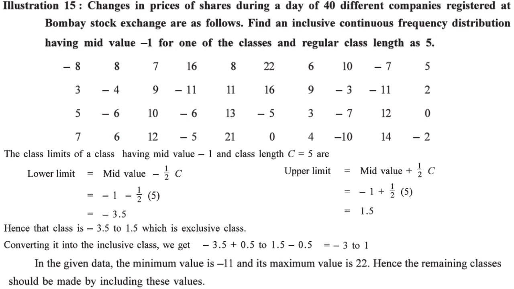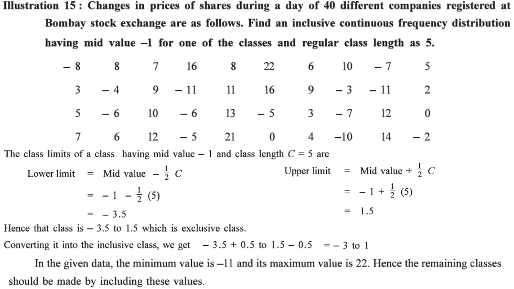So 2 to 6, then 7, 8, 9, 10, 11. So 7 to 11, then 12, 13, 14, 15, 16. So 12 to 16, 17, 18, 19, 20, 21. So up to 21, and then 22, 23, 24, and 25. So up to 25 you will need to make the classes.